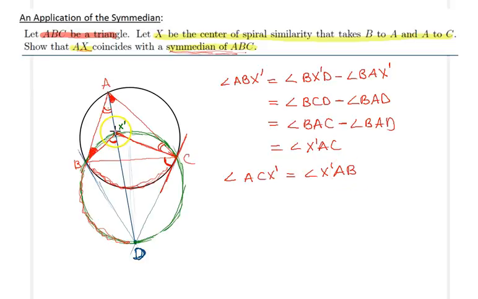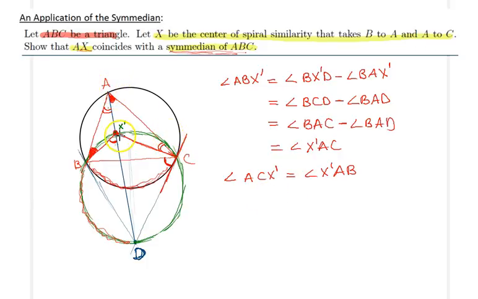What I showed is that the spiral similarity that carries B to A and A to C can be constructed using these two similar triangles. Sure enough, those two similar triangles create the construction for mapping B to A and then A to C as well.